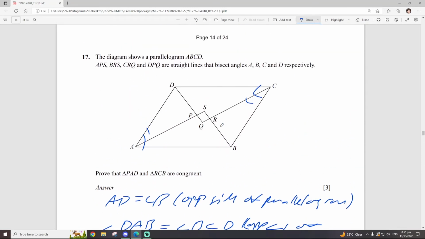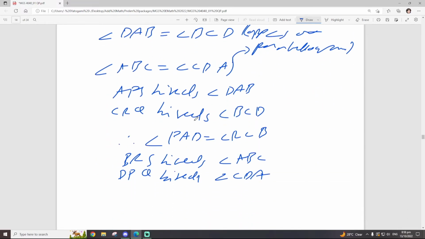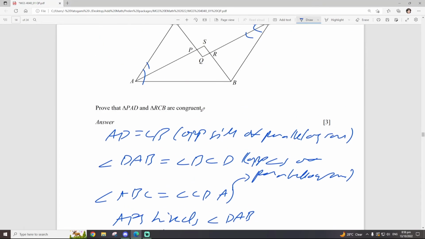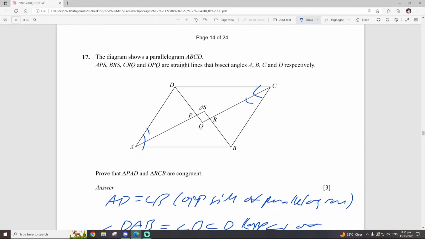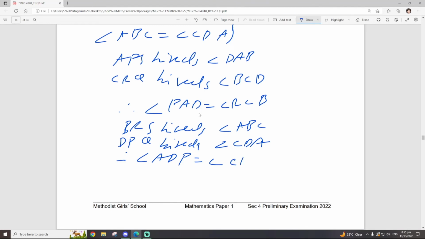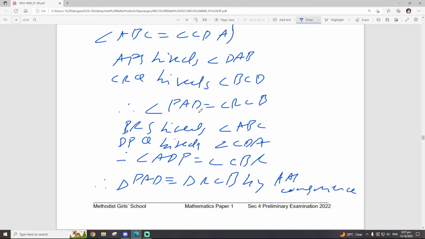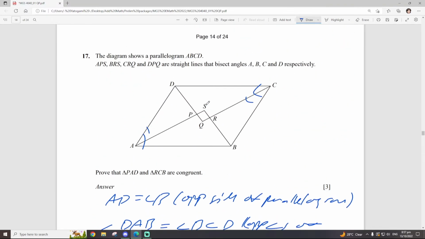So therefore, angle ADP equals angle CBR. Okay. Therefore, triangle PAD is congruent to triangle RCB by AAS congruence. Quite a demanding question for 3 marks, but still, I think, okay.